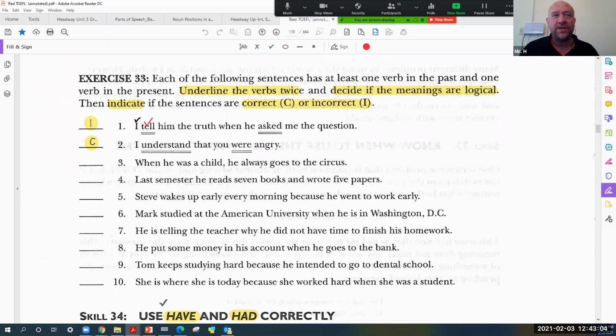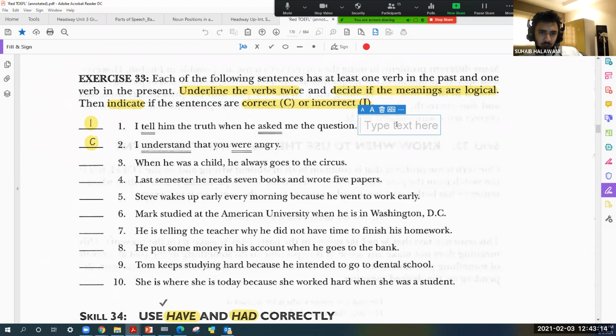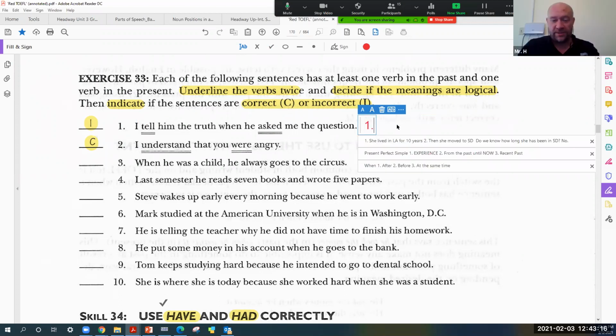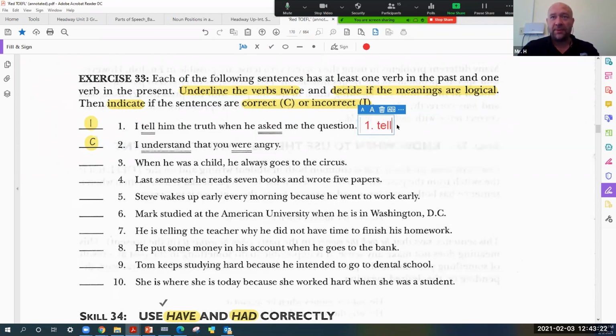Okay. What do I do? How can I fix this one, gentlemen? Any idea? There are actually 2 ways. The first way, I'm going to switch tell to told. That's one way.